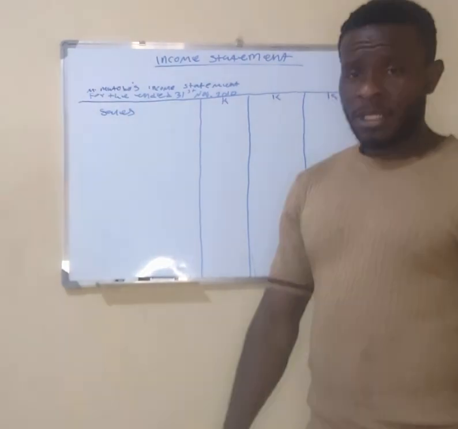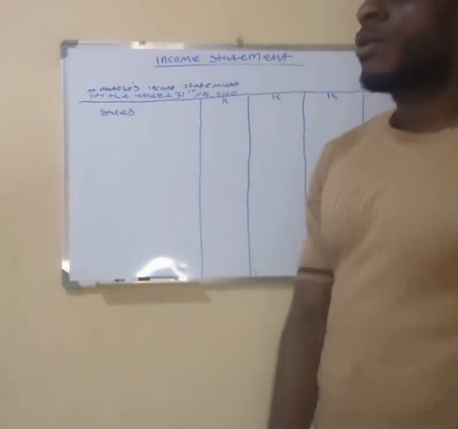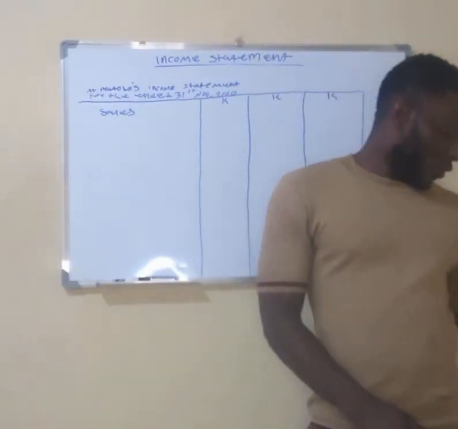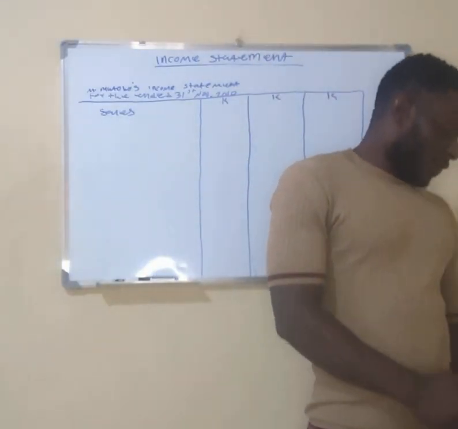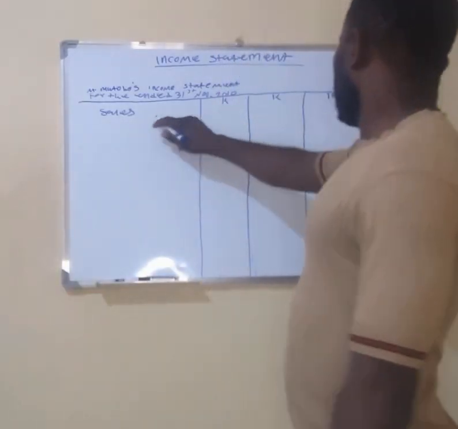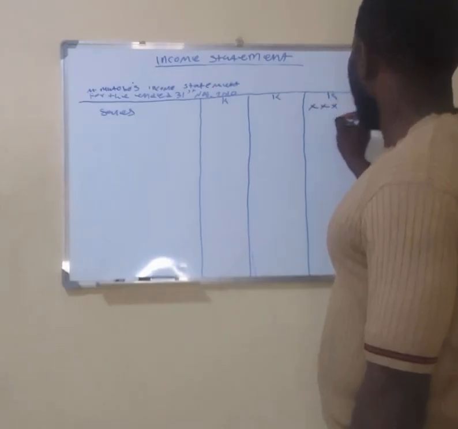If there are adjustments made, you can use either this or that depending on the type of adjustment that you have. So we have the sales, and the figure for the sales we're going to put here.